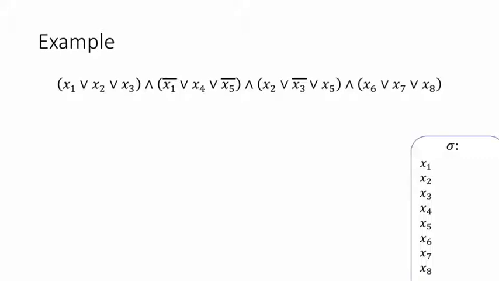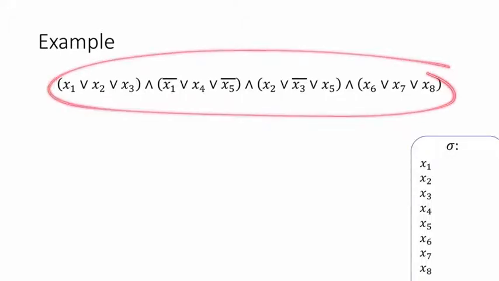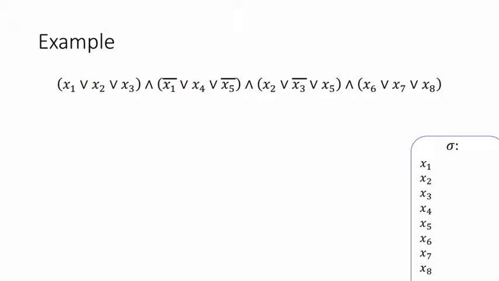So suppose we have this formula phi, which has 4 clauses, C1, C2, C3, and C4. The first thing we're going to do is choose a completely random assignment. Let's say x1 equals 1, x2 equals 0, x3 equals 0, x4 equals 0, x5 equals 1, x6 equals 1, x7 equals 0, x8 equals 1.